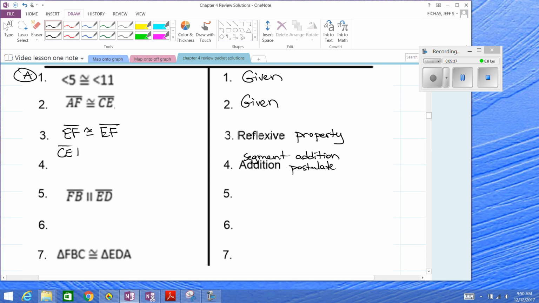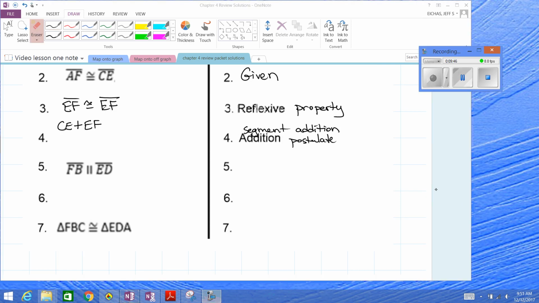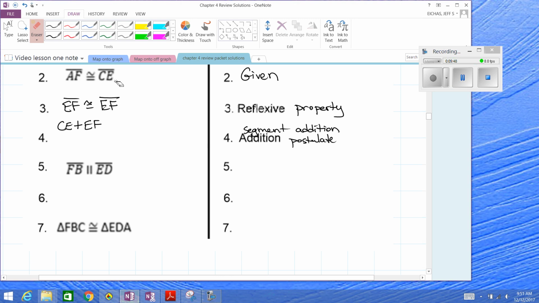C to E plus E to F. So this is going to be a little weird. You're looking at, so C to E plus E to F, right? That should be equal to A to F plus E to F. Basically, you're adding things that are congruent, right? So you should be able to get away with that.